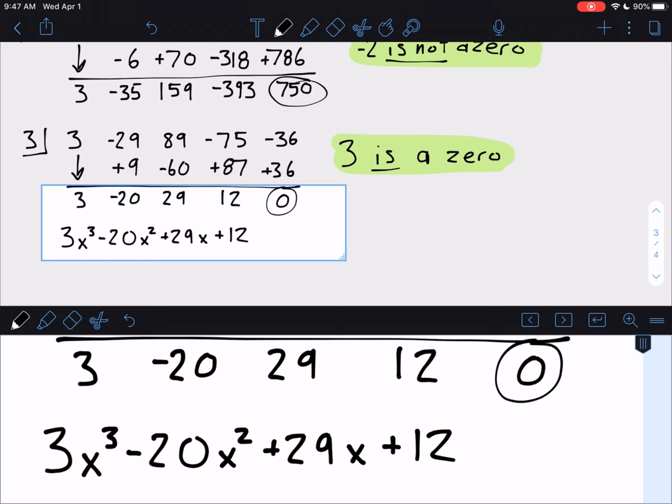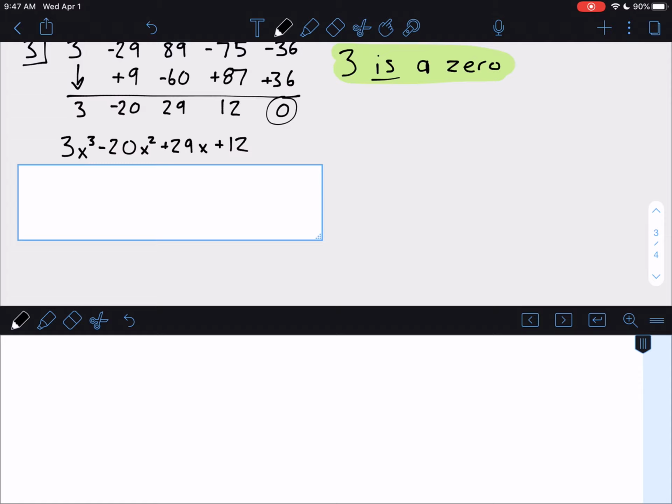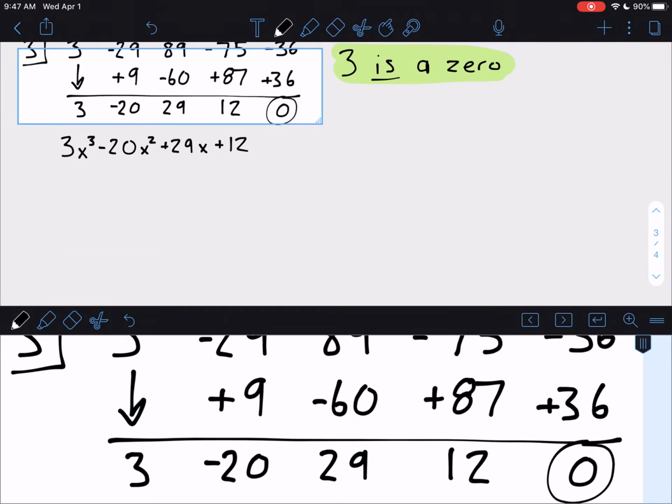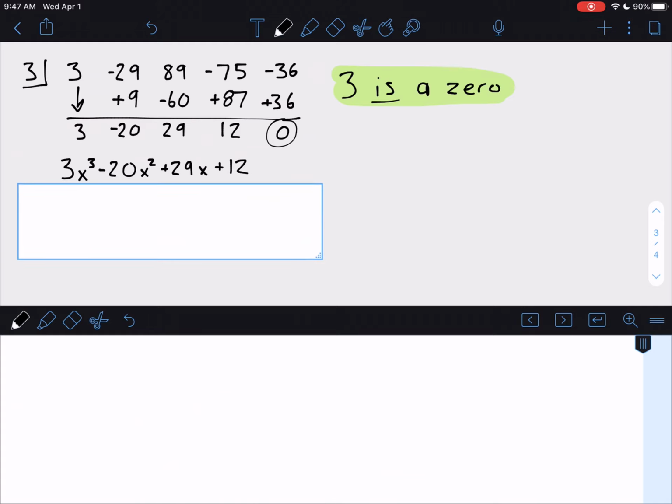And I'm going to be finding the zeros of this new polynomial here. 3x to the third minus 20x squared plus 29x plus 12. And I did test if 3 was a 0, but I didn't test if it was a double 0, so I do have to test 3 yet again.